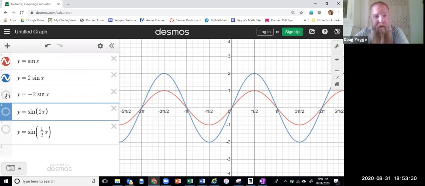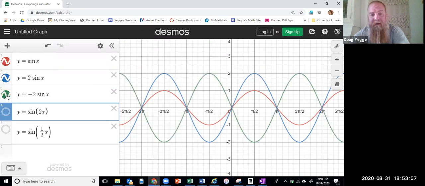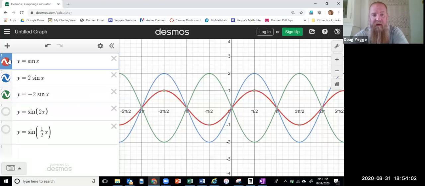Now, similarly, if you think back to transformations of other functions, if I multiply a function by a negative, then that should reflect the graph over the x-axis, because each of the values that used to be at 2, if I multiply it by a negative, comes down to negative 2. And if you're already at a y value of negative 2 and you multiply by a negative, it flips up to positive 2, which is why I now see that y equals negative 2 sine x is going to be our reflected graph.